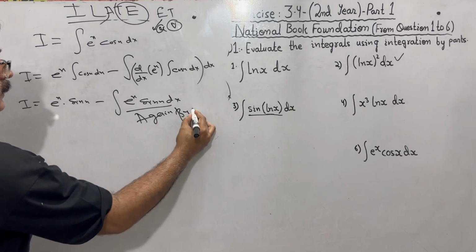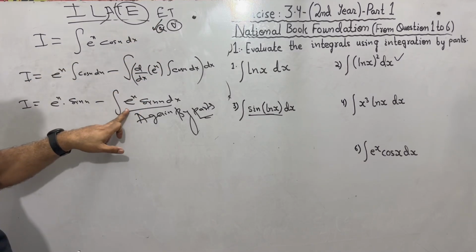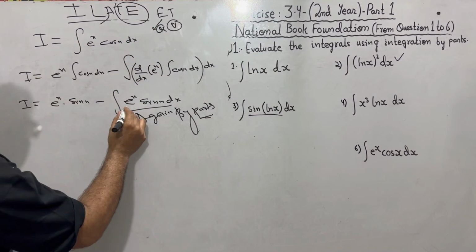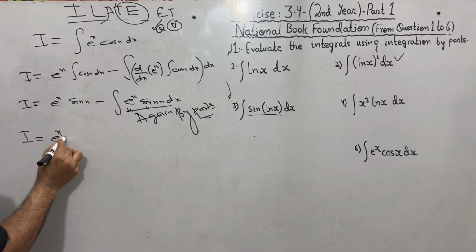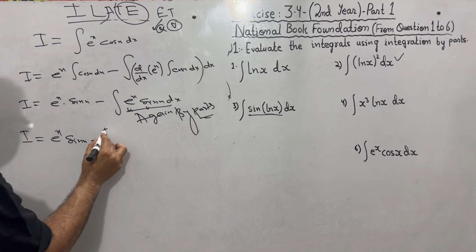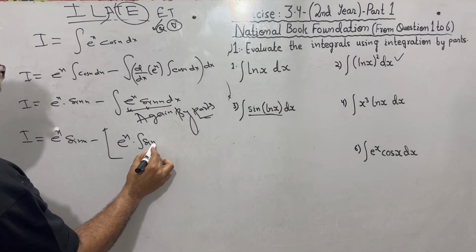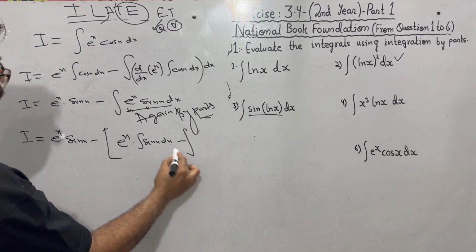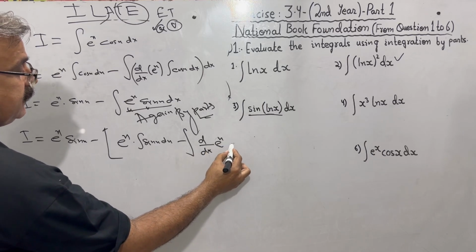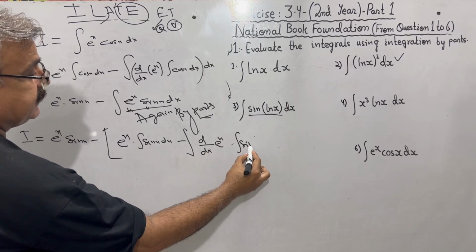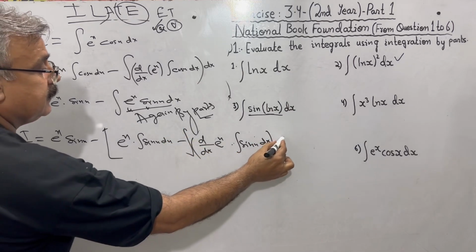Again by parts. We have given preference in this case to exponential. This is our u, this is our v. Again, one more time by parts. I is equal to e raised x times sin x minus, first, same, integration of second, that is sin x dx, minus the overall integration of the differentiation of first times the integration of second, that is sin x dx, another dx owing to this integral.